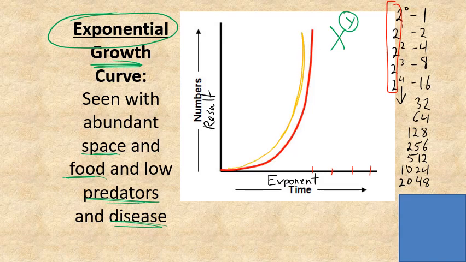They would all have that exponential growth. And in fact, every organism would grow exponentially given these conditions of space, food, predators, and disease, no matter how quickly it takes to reproduce.